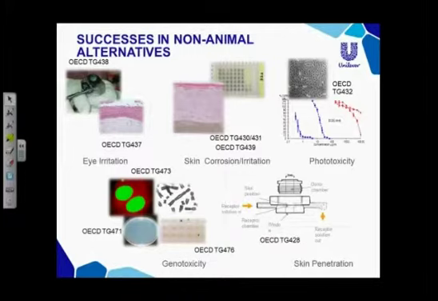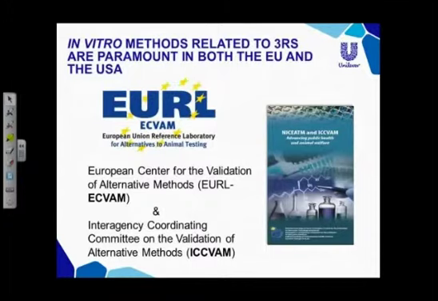There are perfectly acceptable, validated tests available to assess these things which now have OECD test guideline validation, and the law states that you should be using these. Well, they're great, but they're limited. There are agencies like ECVAM and ICVAM which help in the validation of these new assays, but it's a slow process, dreadfully slow process.